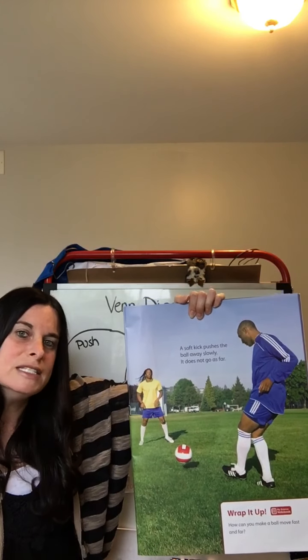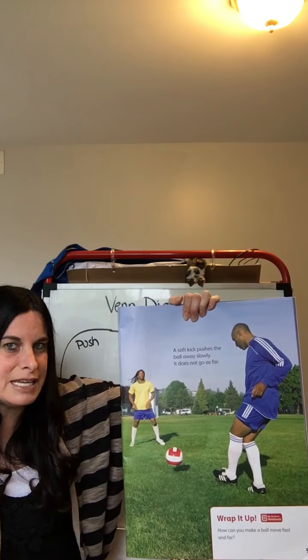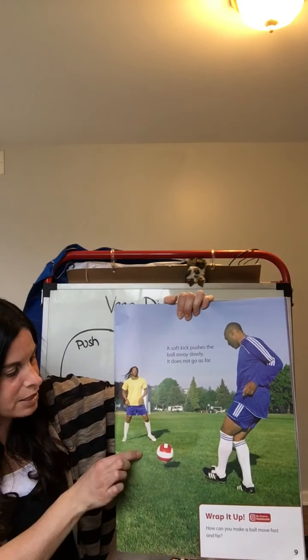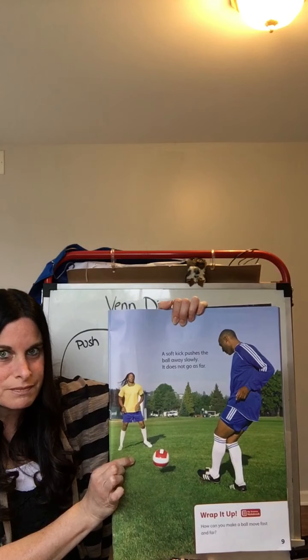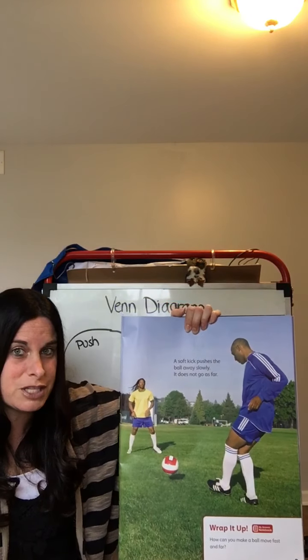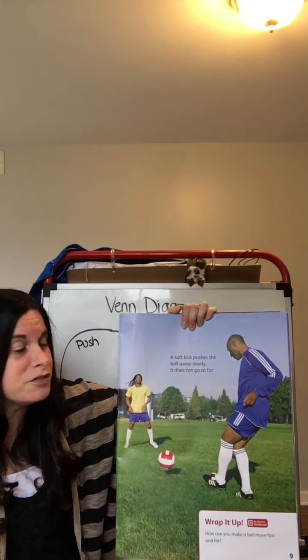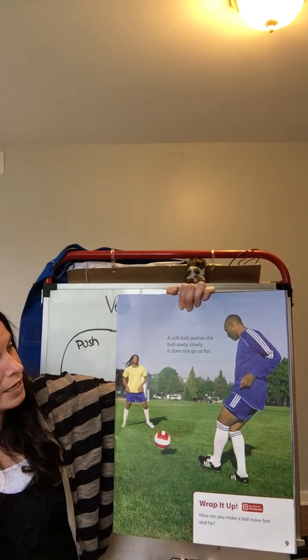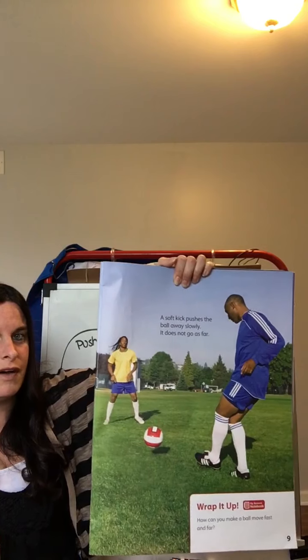So it looks like they don't really have to give a hard push to make the ball go that fast or that far. Because they're pretty close to each other, they could give it a soft push. A soft kick pushes the ball away slowly. It does not go far.